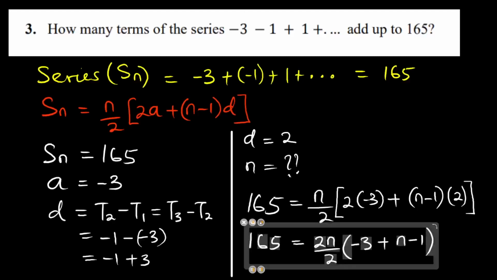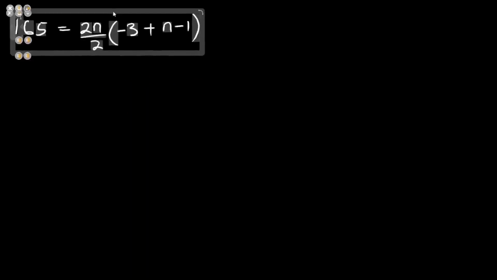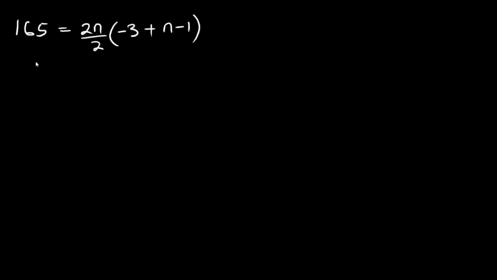So let me copy this to the next page. We are going to continue from here. I have 165 is equal to, so 2 cancels 2 here to give me n into minus 4 plus n.